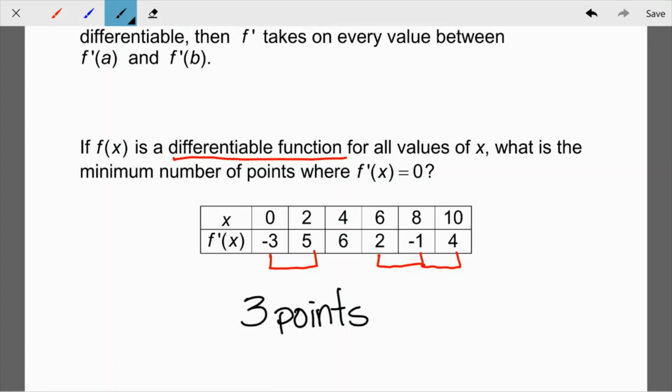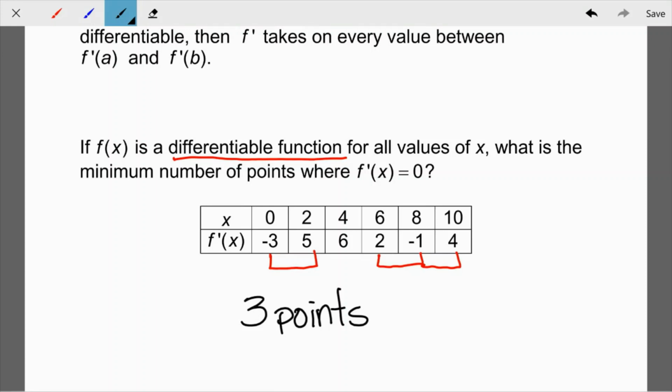We would have to say, since this function is differentiable for all values of x, there must be at least 3 points where the derivative is equal to 0, because the derivative went from negative to positive or positive to negative at least 3 times. Okay, so that's really all you're looking for on a problem like that.